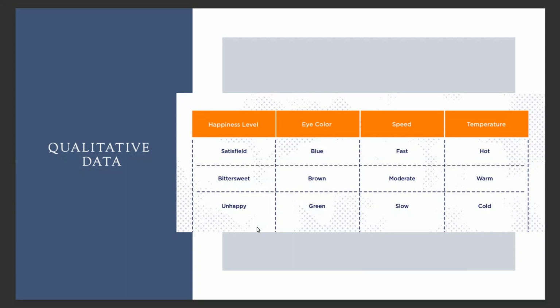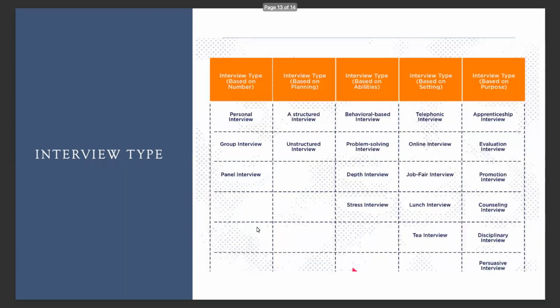But in other cases, you are actually going through interviews where you are recording people and transcribing the audio or video to text, and then doing more analysis. This is just an example of different types of interview: a personal interview, structured interview, behavioral interview, telephonic interview, or apprenticeship interview, but you don't need to know all of them.